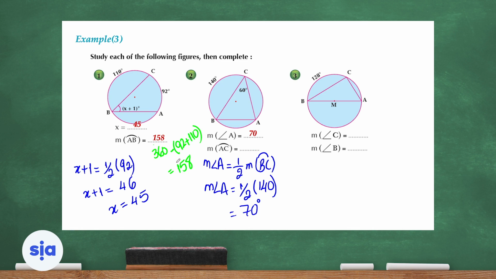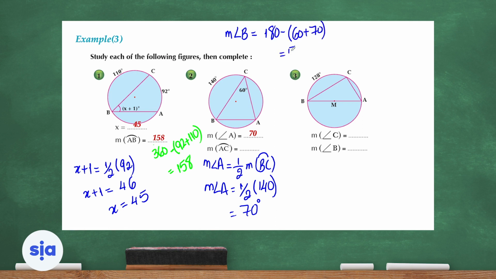How can we find the measure of arc AC? Arc AC is the subtended arc of the inscribed angle B. So can we find the measure of angle B? Definitely, yes. The measure of angle B equals 180 minus the sum of 60 and 70.